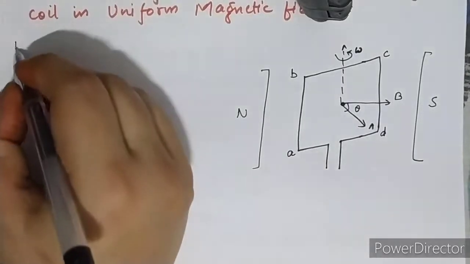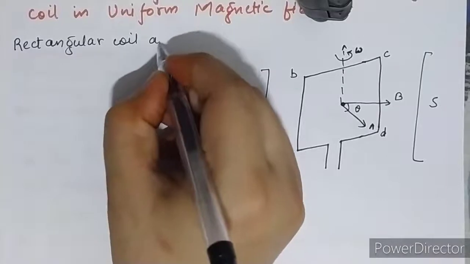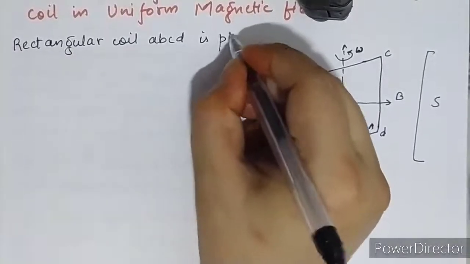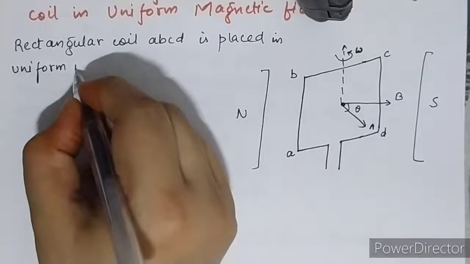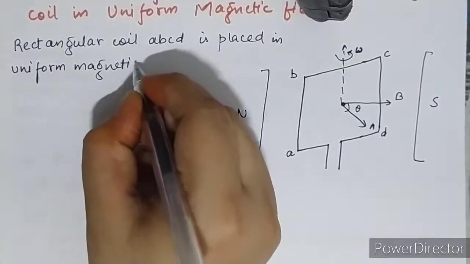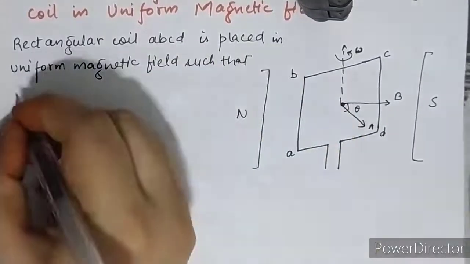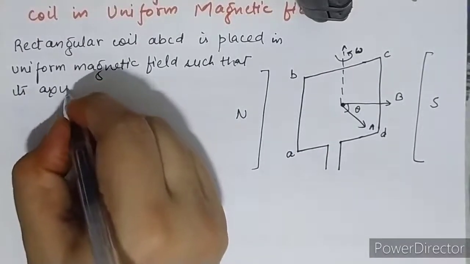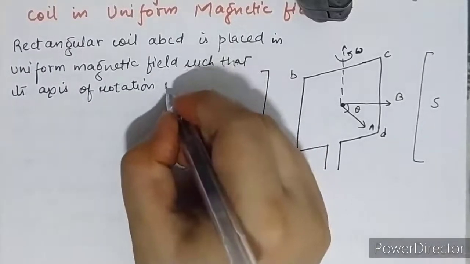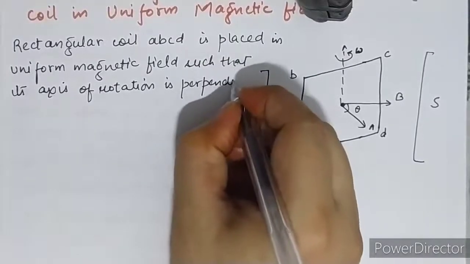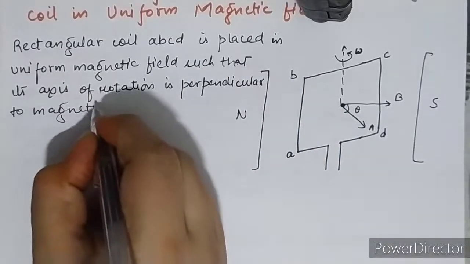A rectangular coil ABCD is placed in uniform magnetic field such that its axis of rotation is perpendicular to magnetic field.